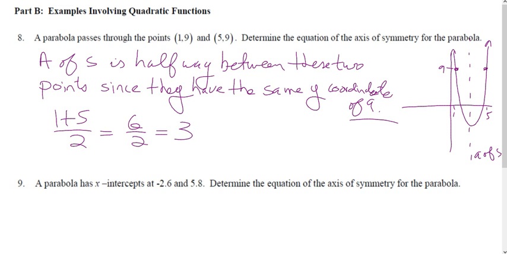Now it says the equation of the axis of symmetry, so what am I going to write? Bless you. The equation of the axis of symmetry is? Don't blow it now. Get that last half mark. It's the equation of the axis of symmetry.